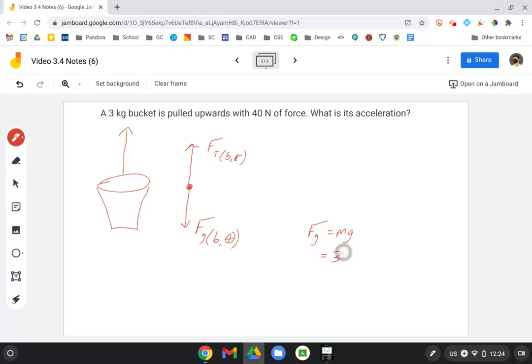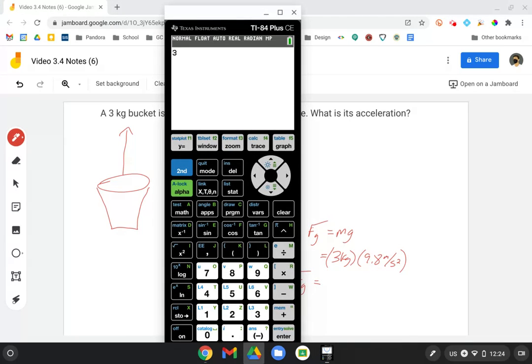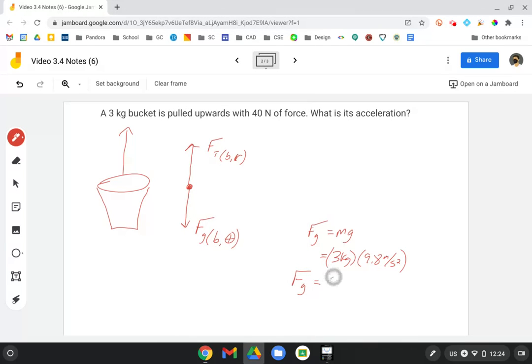The mass of this bucket is 3 kilograms. Acceleration due to gravity is 9.8. And so we get that the Fg is equal to 29.4 newtons, and I'll put that near my force diagram. And then the tension force, they told us already, is 40 newtons.